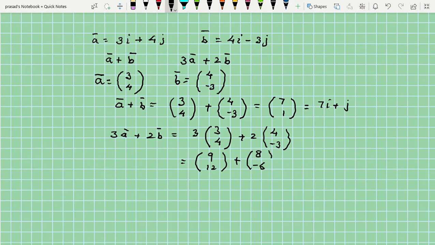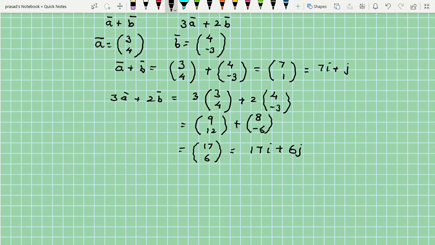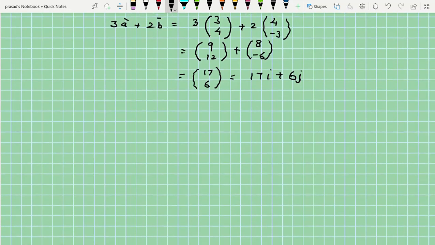So whenever you take a scalar multiple, multiply both components by the scalar outside. So that will become 9 plus 8, that is 17, and 12 minus 6, that is 6. Add component wise, x with x, y with y. So finally it is 17i plus 6j. So vector 3a plus 2b is 17i plus 6j.